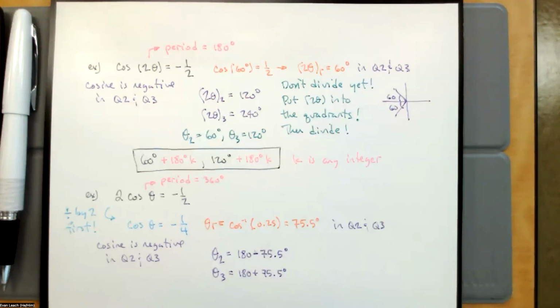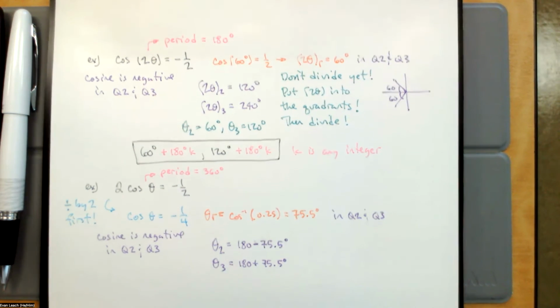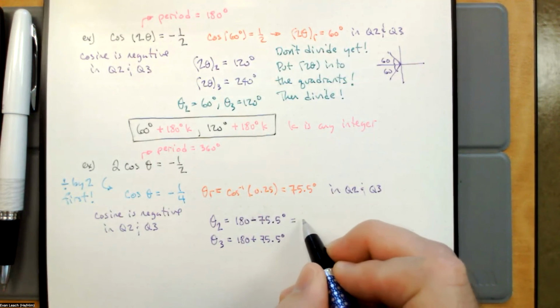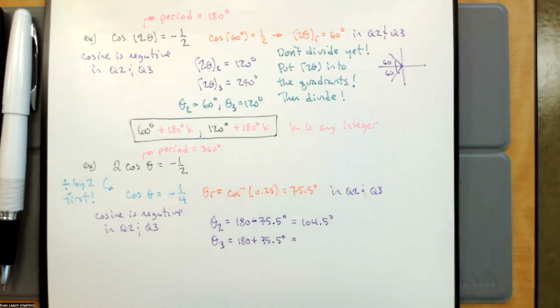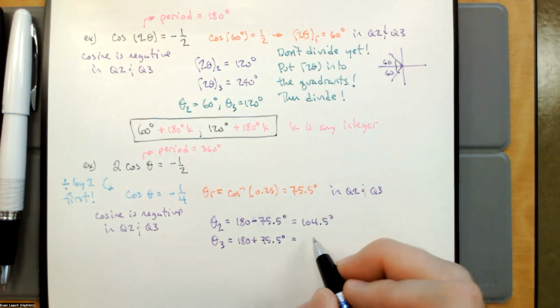So we got 104.5, and 18 and 7 is 25, so 255.5.